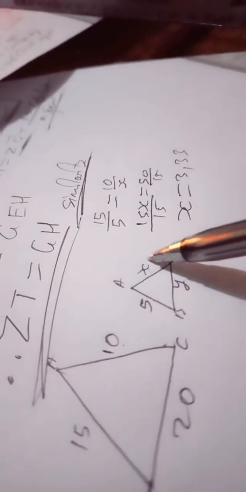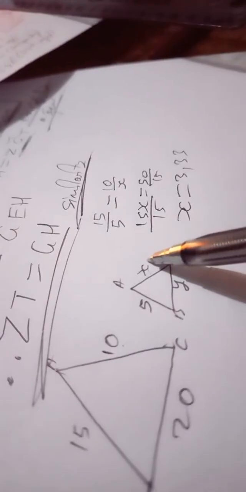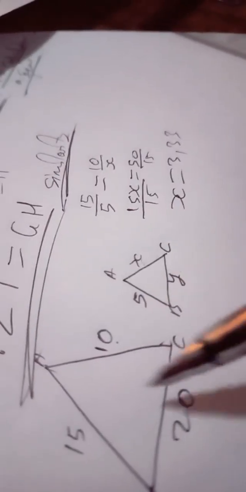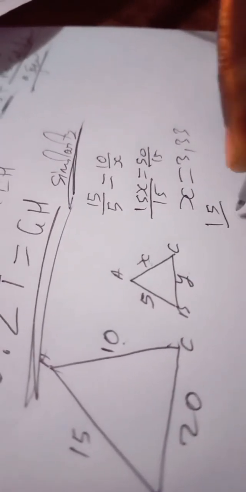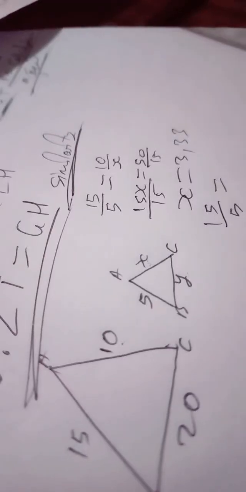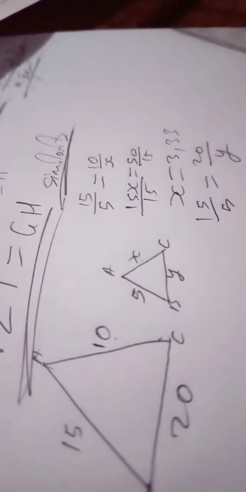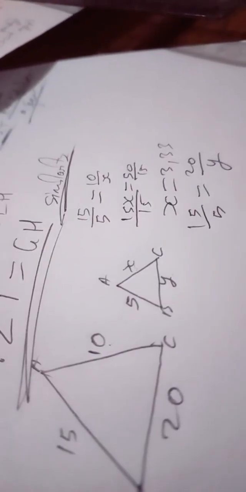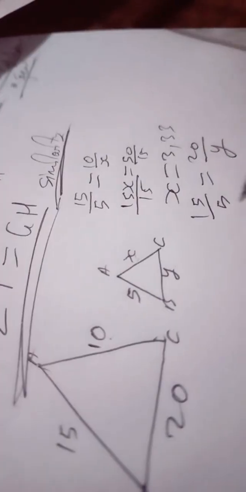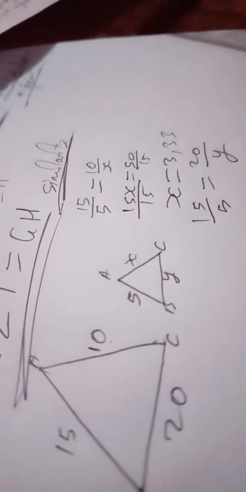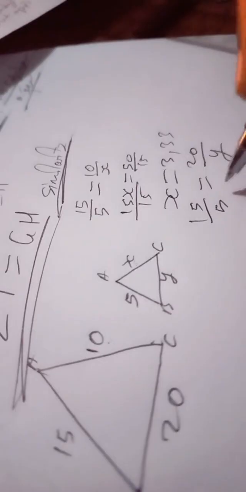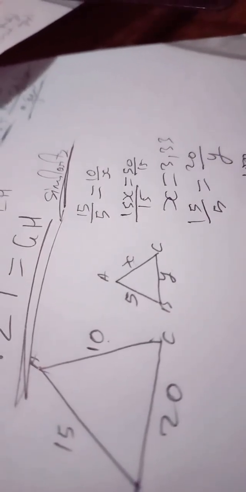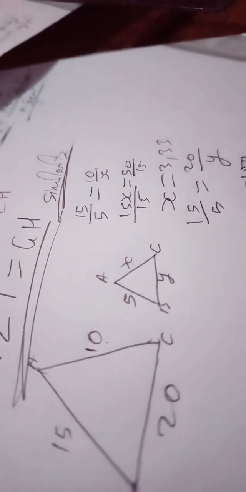Which means this side is 3.33. If we want Y, we say 15 over 5 is equal to 20 over Y. So 15y is equal to 100, divided by 15.